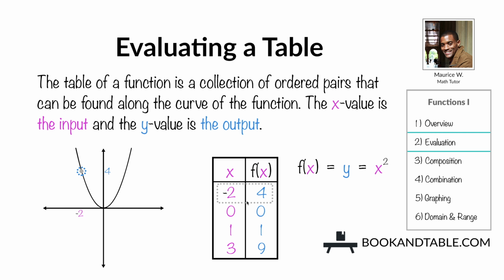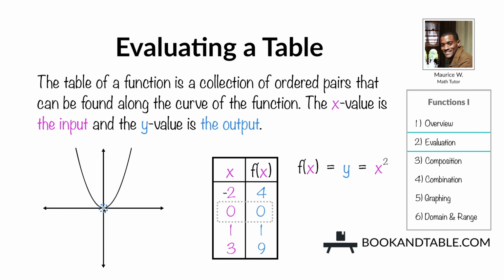So for example, the first pair is negative 2, 4. That lets you know when you go to negative 2 along the x-axis, the curve will have a value of positive 4. So f of x has a value of positive 4 when x is equal to negative 2. That's what this shows. When x is 0, y is 0.